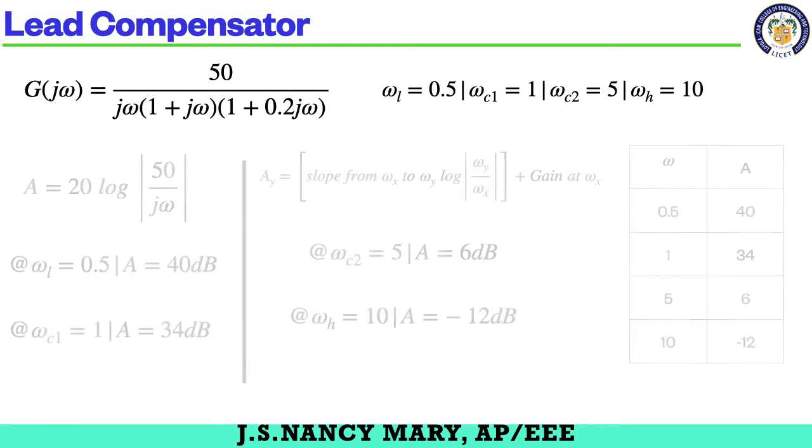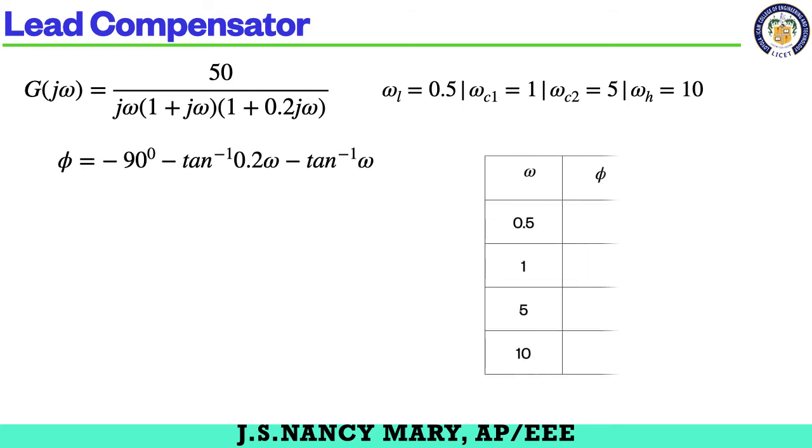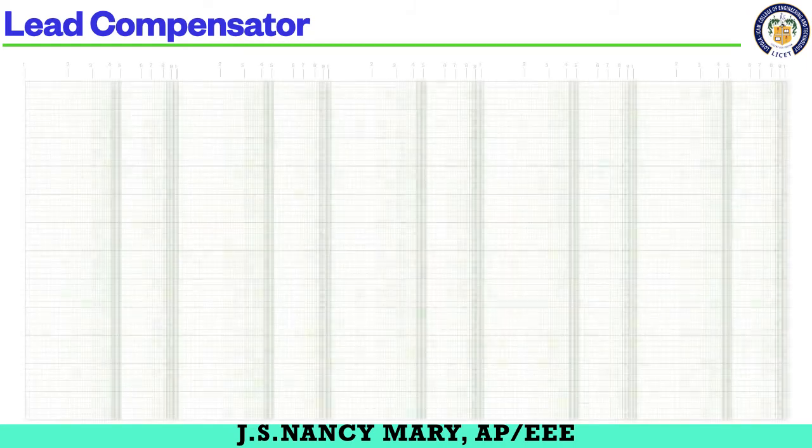Now we need to find out the phase. You know that it is minus 90 minus tan inverse of 0.2 omega minus tan inverse of omega. So at 0.5 we will get minus 122, at 1 minus 148, at 5 minus 214, at 10 minus 238. Now I am going to plot it.